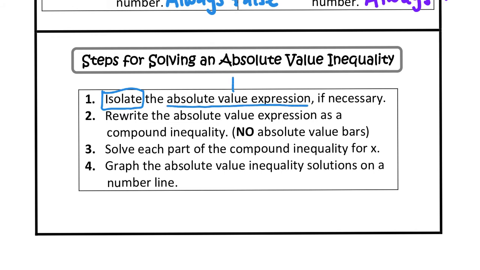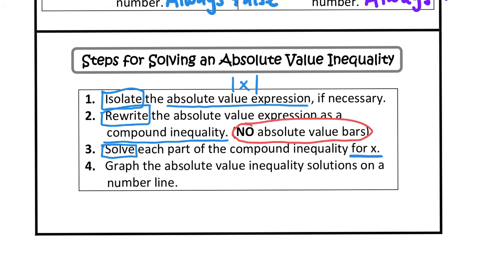So anything that has the absolute value bars. Then we want to rewrite into a compound inequality with no absolute value bars. And the third thing we want to do is solve for what?